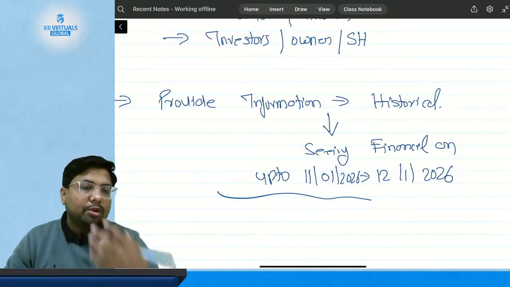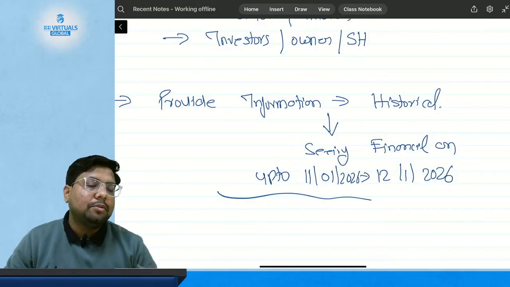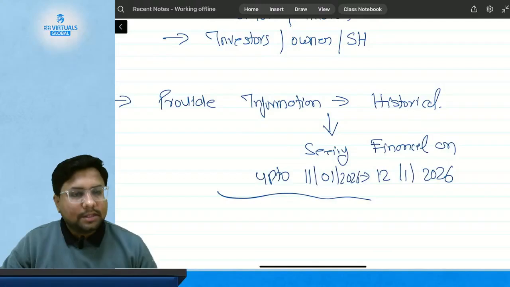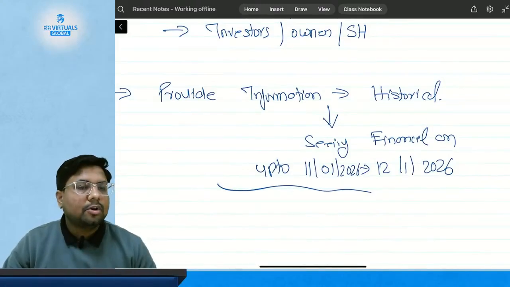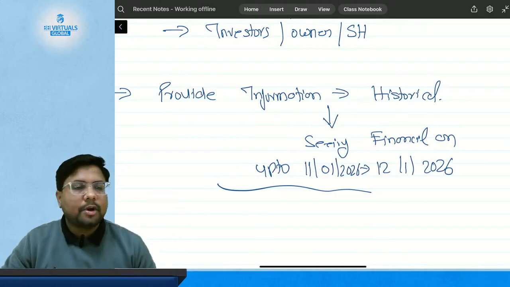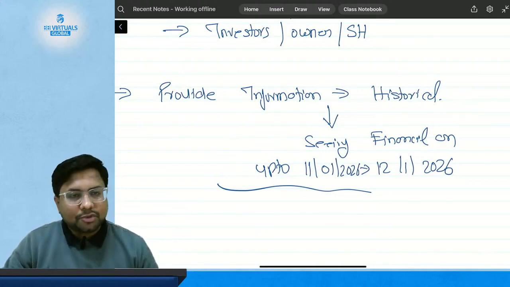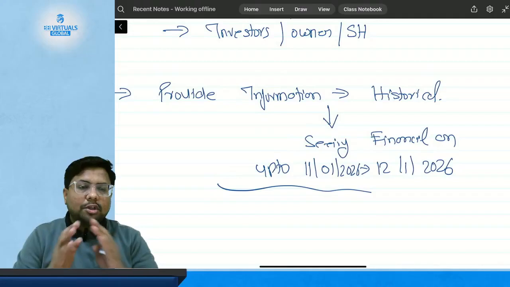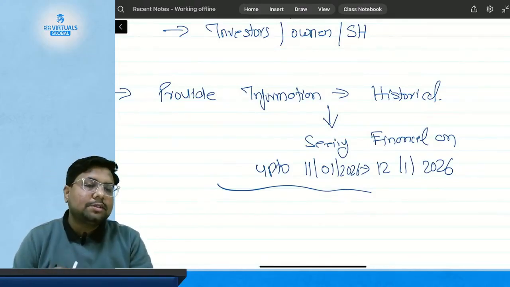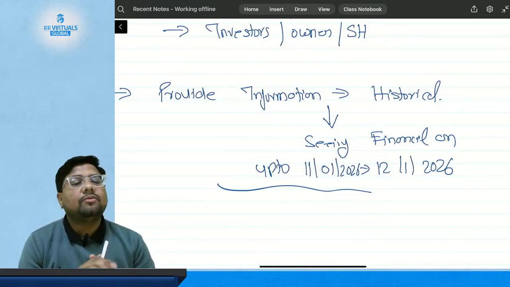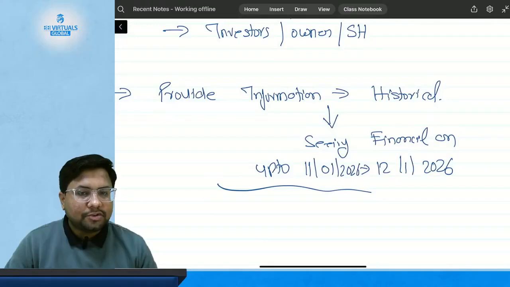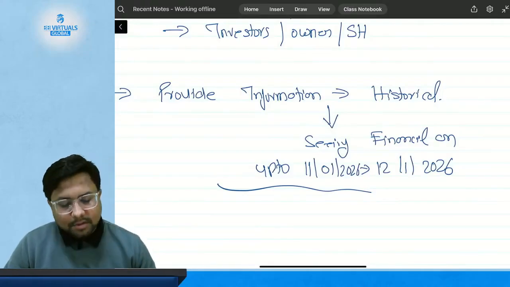Management accounting will provide information about the coming future by incorporating other things, but financial accounting will always provide historical information. All transactions already recorded in my books will be provided to you in the form of financial accounting. So it will only provide historical data and not upcoming events.